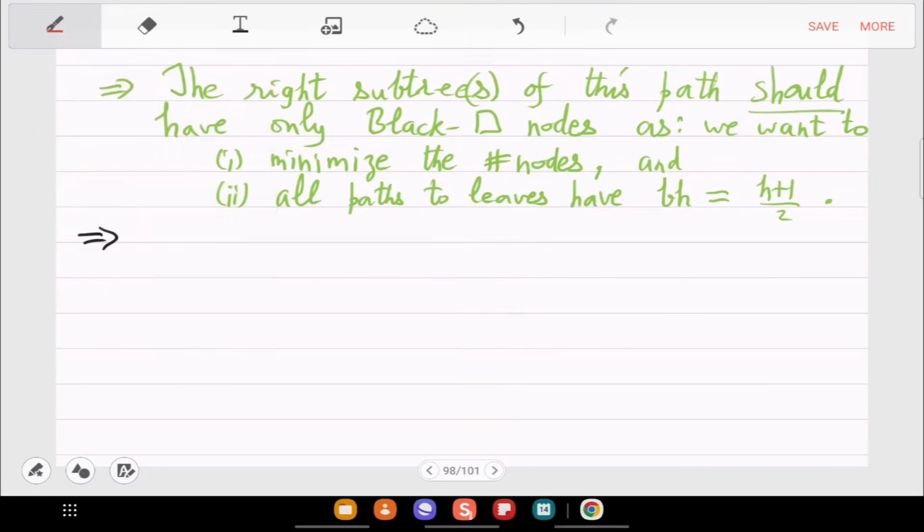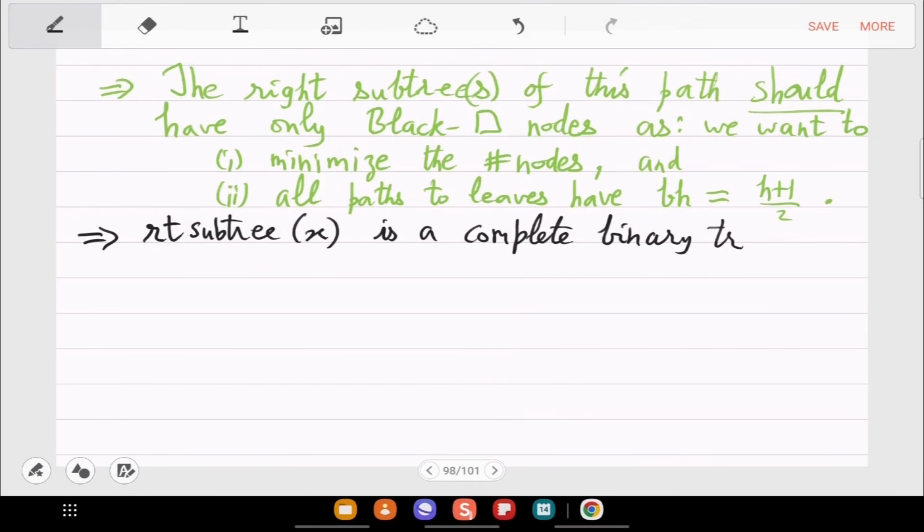So the right subtree of x is a complete binary tree of height equal to this that you want, h plus 1 by 2.